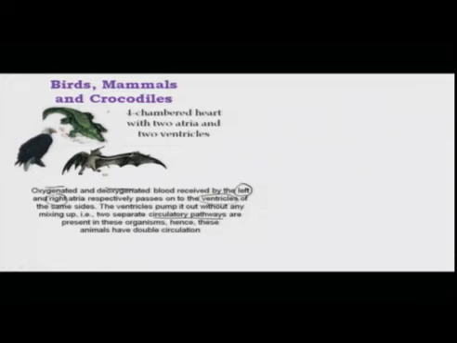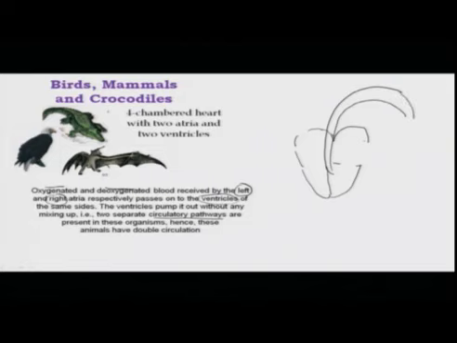So, if I draw the heart there, it looks like this. This is the part that is going into the systemic circulation, and this is originating from the left ventricle.